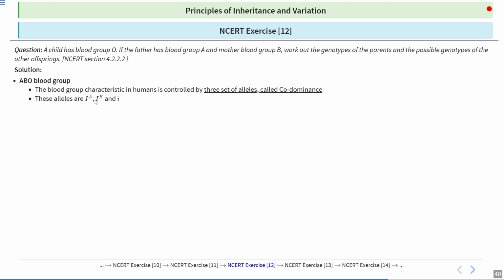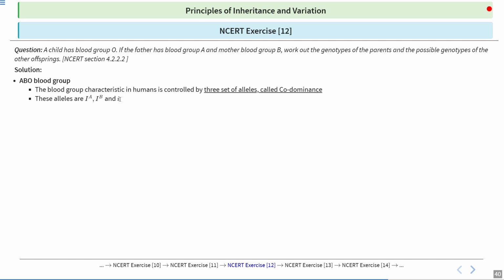Now the person having blood group A: the plasma membrane of the RBCs in this person will carry a particular kind of sugar. In the person having blood group B, the plasma membrane of the RBCs will have a different kind of sugar.